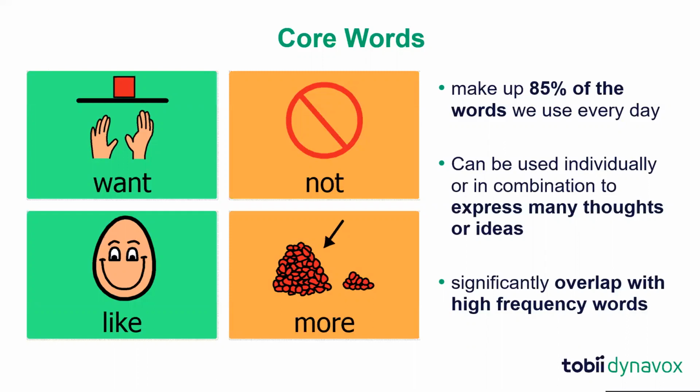Like, I think of the word 'the'. If that's going to be one of the first words that I'm going to use, 'the' is probably not going to get me as far as 'want', 'not', 'like', or 'more'. Though in printed text, we'll see that 'the' is used very often. It's probably one of our highest frequency words. So there's a little bit of a difference there. And I hope that makes sense. Sorry, I bumbled the explanation a little.